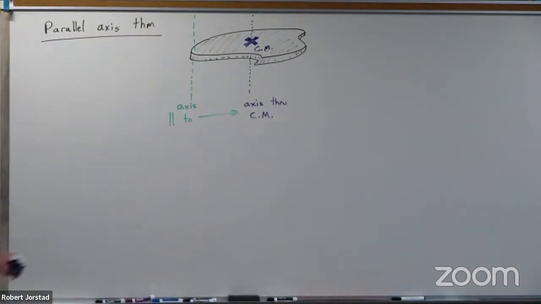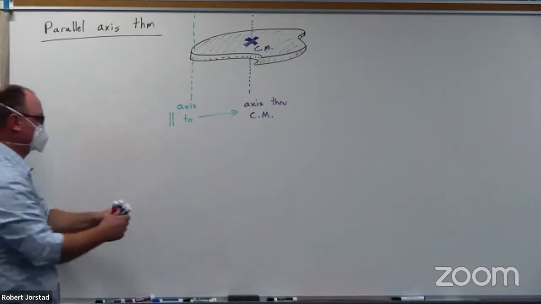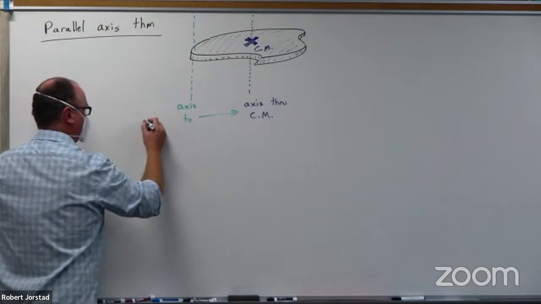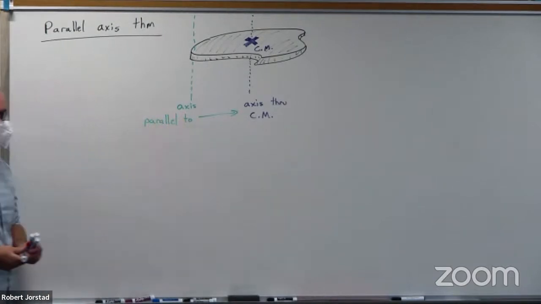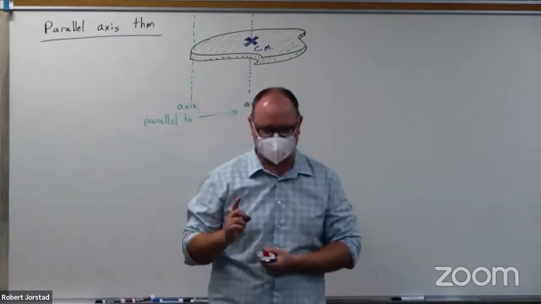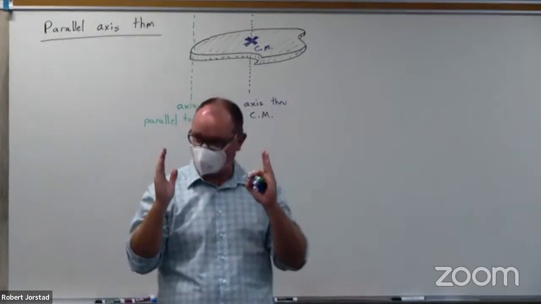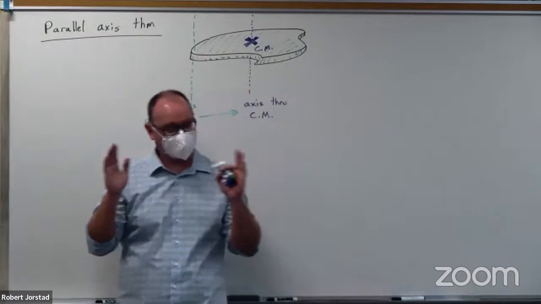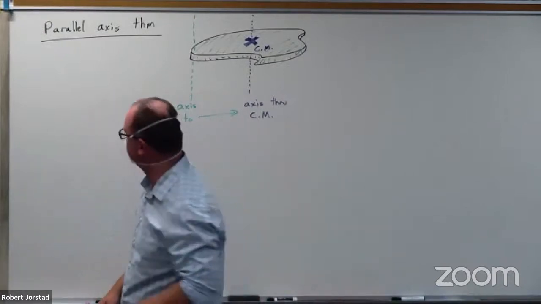You guys use this symbol that looks like 11 to say parallel, 2 lines, that's parallel. I'm just going to write parallel. It may seem obvious, but if you want to use the parallel axis theorem, something must be true. The axes must be parallel. I know that seems crazy, but students screw this up all the time.